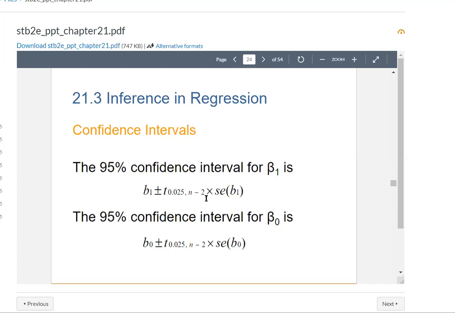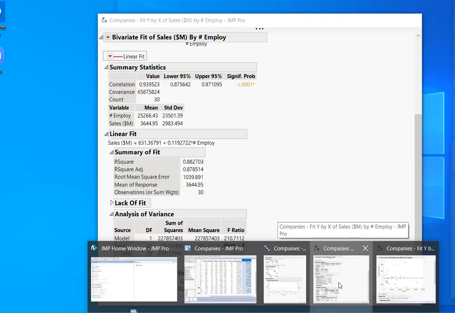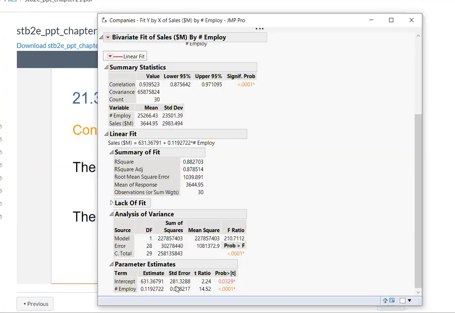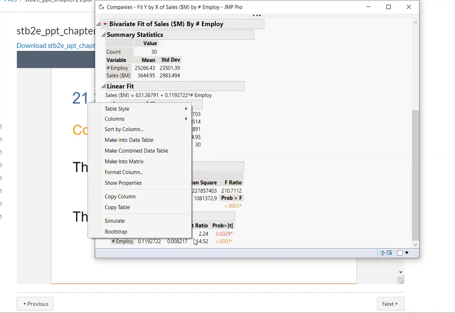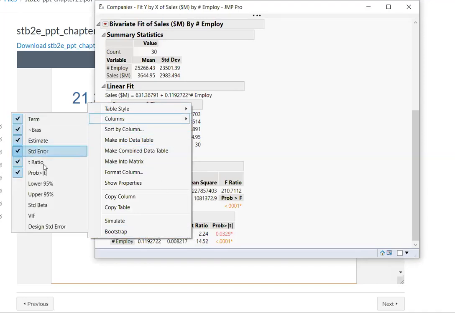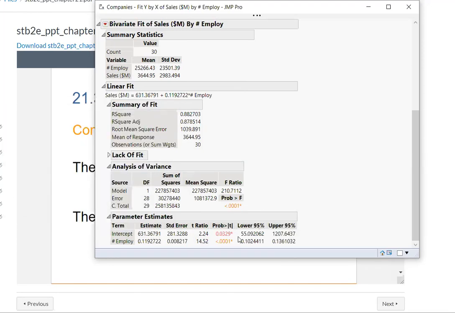The 95% confidence interval for your slope and for your intercept, where do we get those in JMP? Very fast here, I'll show you that too. Right click on parameter estimates, go to columns and click on lower 95% and upper 95%. These are the lower and upper numbers.